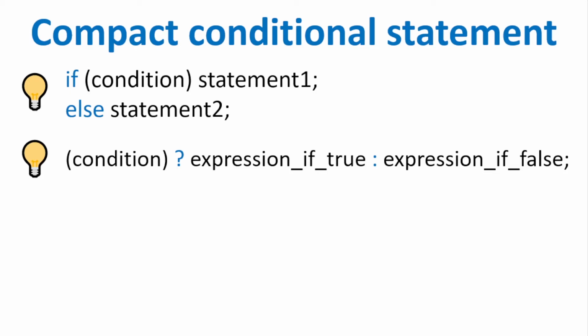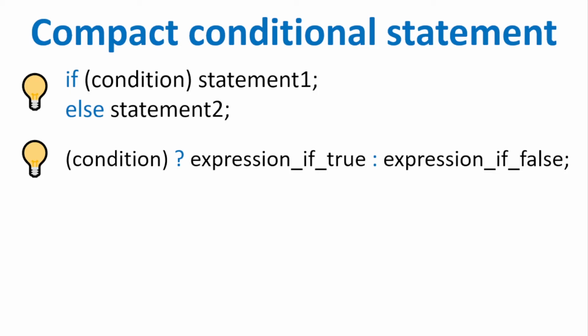With the ternary operator, you start by writing the condition you want to check, followed by a question mark. Next, you write the expression to execute if the condition is true.